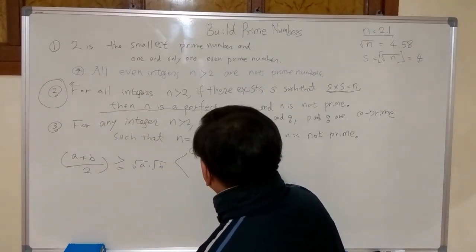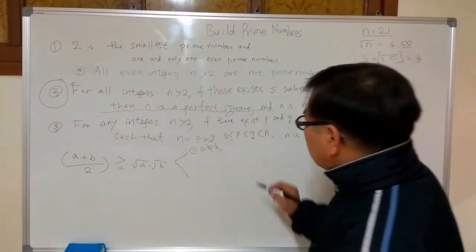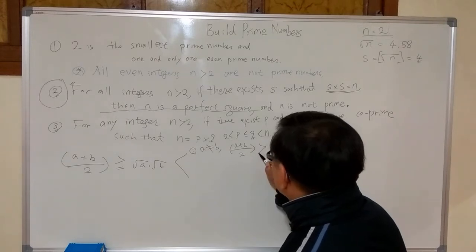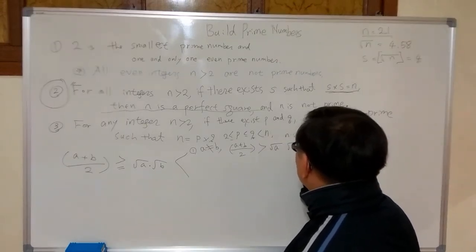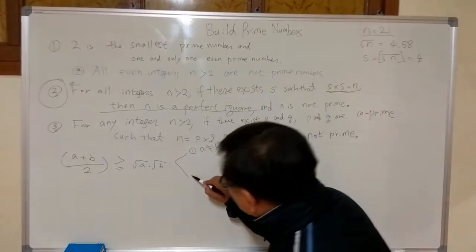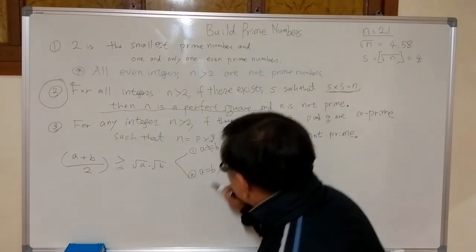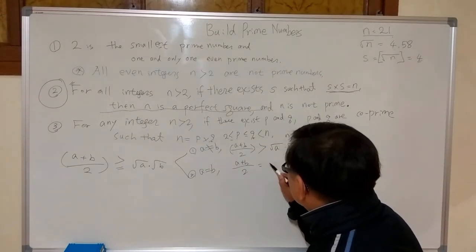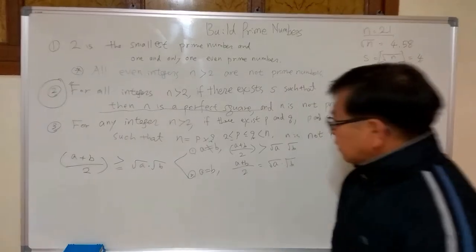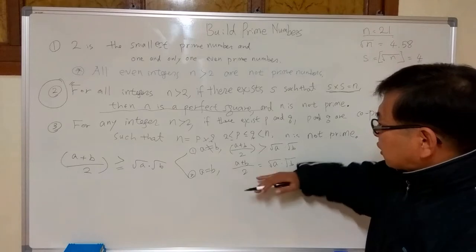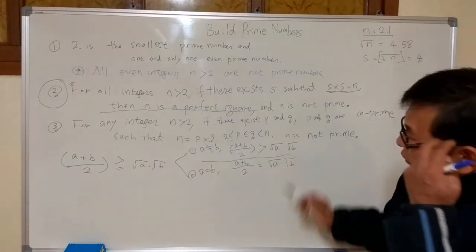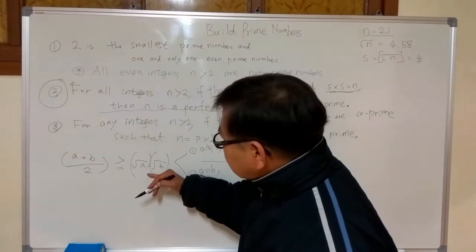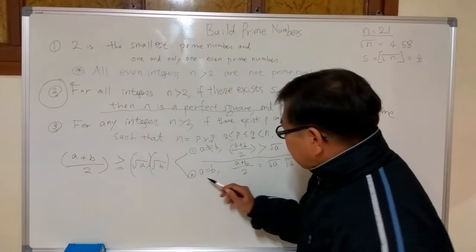If A and B are not equal, then A plus B over 2 is greater than square root A times square root B. Second, if A equals B, then A plus B over 2 equals square root A times square root B. Please note that square root A times square root B reaches its maximum in this case.